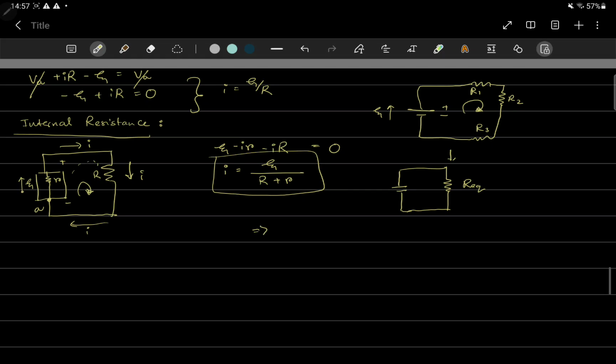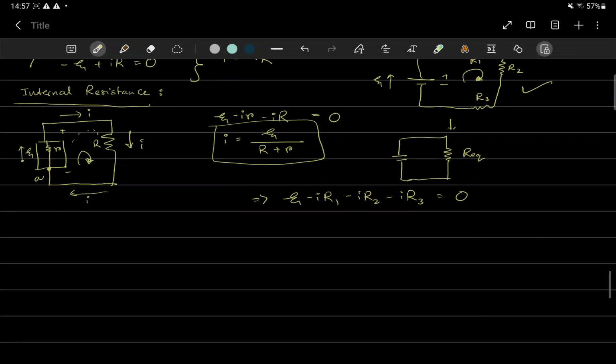For this circuit, if I go in this direction, the first component I will face is the EMF device, and then the second component is R1, so this will basically take away the potential, so I will get a minus I R1. Same for the second one, R2, and thirdly the same, and this will all equal to 0. And you see that I have the same I because since this is a series circuit the current is not divided, so basically the same current is flowing through all the devices, right?